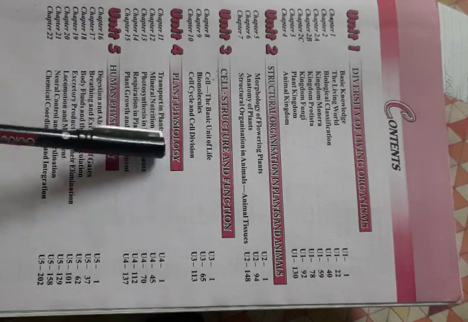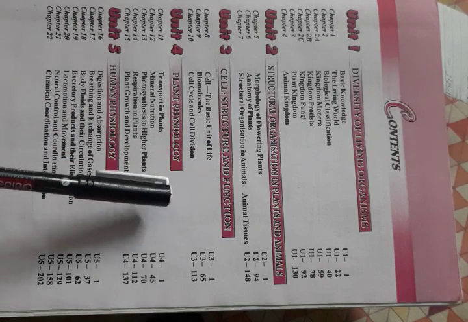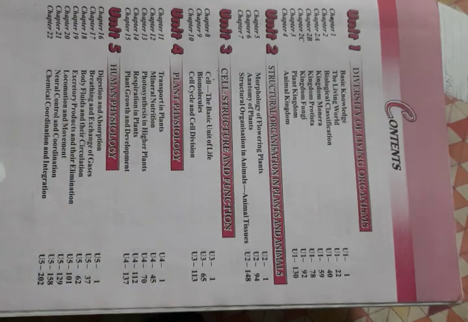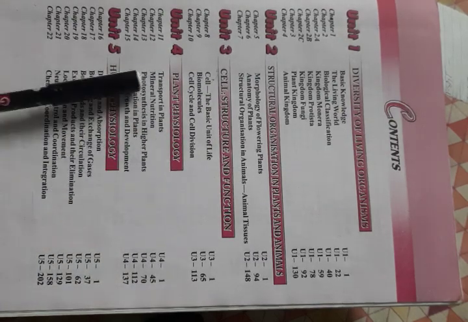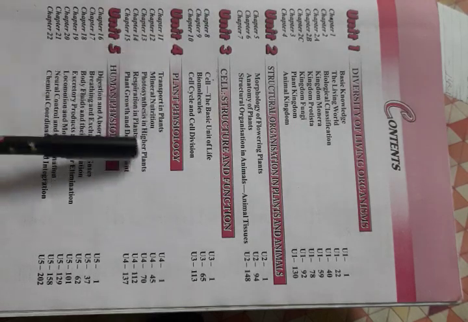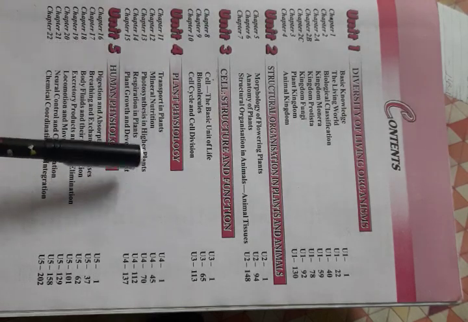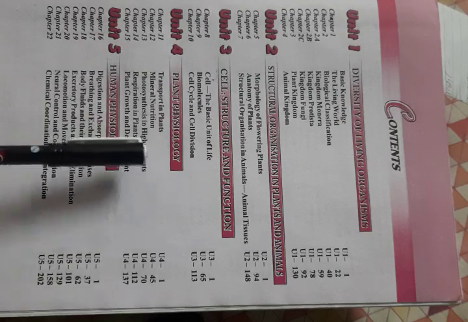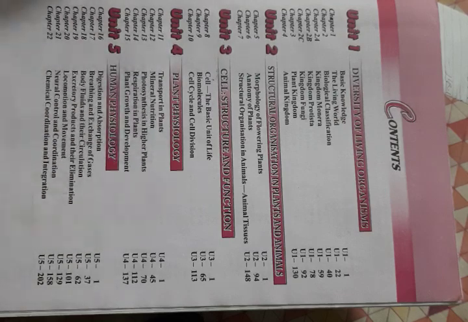In plant physiology, first of all, we learn the mineral nutrition: what minerals, or what type of food, plants need. We know that plants are autotrophic, so how does photosynthesis take place in higher plants?